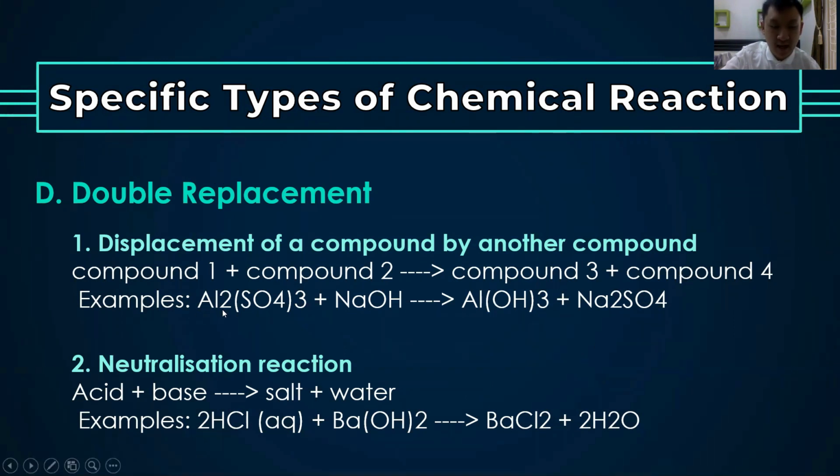Examples include Al2(SO4)3 plus NaOH yields Al(OH)3 plus Na2SO4. Next is the neutralization reaction, which is acid plus base yields salt plus water. Examples include 2HCl in aqueous form plus Ba(OH)2 yields BaCl2 plus 2H2O.